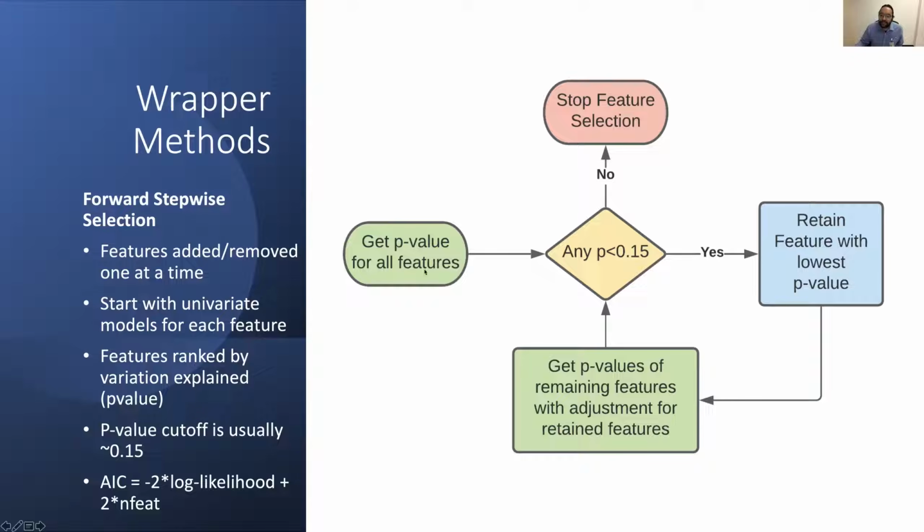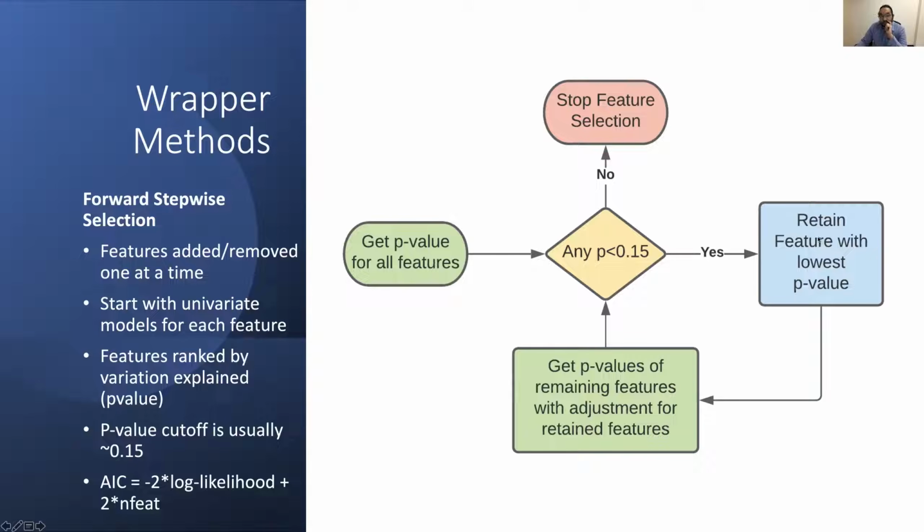So do any of those features have a p-value less than 0.15? If not, then you stop the feature selection, and you've actually selected no features. Nothing's associated with your outcome. If yes, if there's at least one that's associated, then retain it. Well, actually retain the one with the lowest p-value.